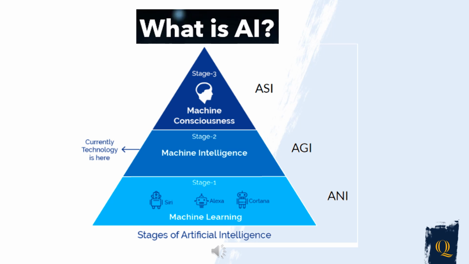ASI would have abilities far beyond human capabilities, potentially including consciousness and self-awareness. This step represents a state of AI development that scientists and ethicists continue to debate and explore.